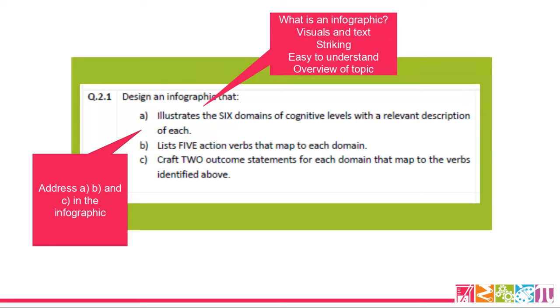Then you need to list 5 action verbs that map to each domain, and craft 2 outcome statements for each domain that map to the verbs identified above. And you're going to need your CAPS document to create those outcomes that you have to craft into this infographic.